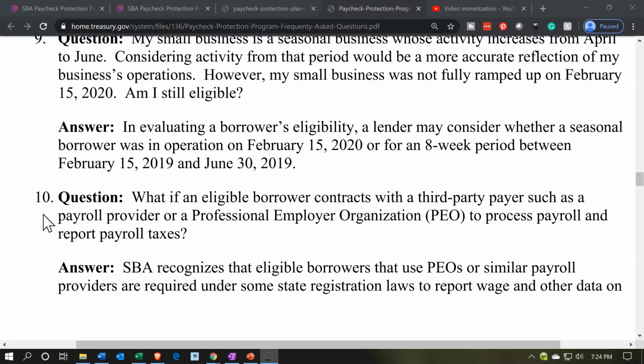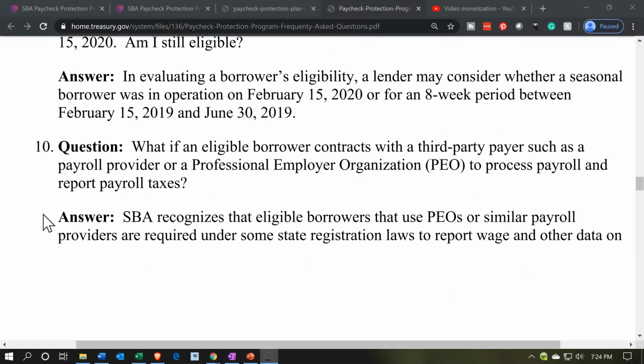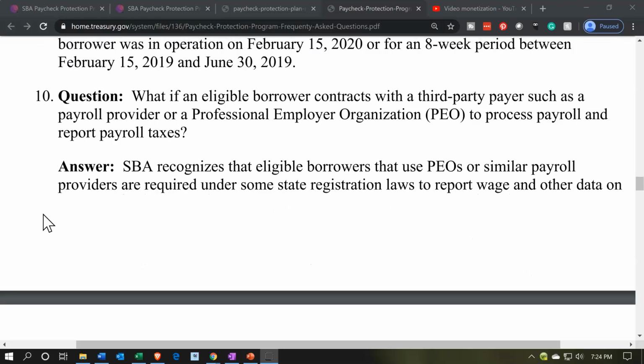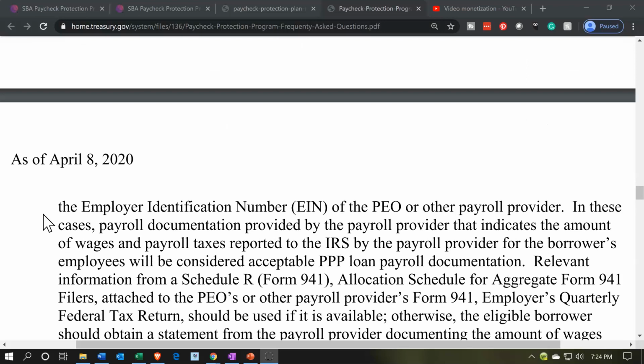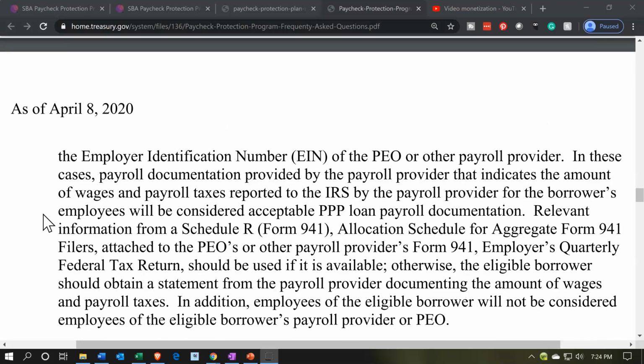Question: what if the eligible borrower contracts with a third-party payer, such as a payroll provider or a professional employer organization (PEO), to process payroll and report payroll taxes? Answer: SBA recognizes that eligible employers that use PEOs or similar payroll providers are required under some state laws to report wage and other data on the employer identification number (EIN) of the PEO or other payroll provider.